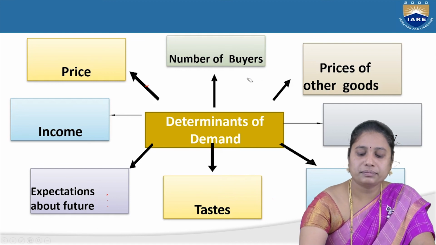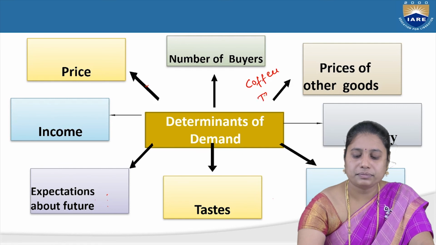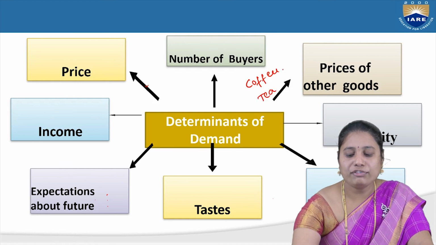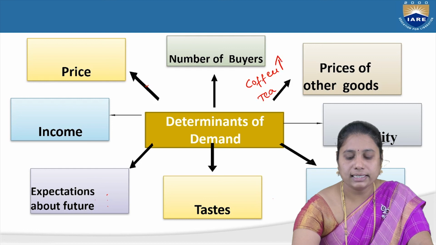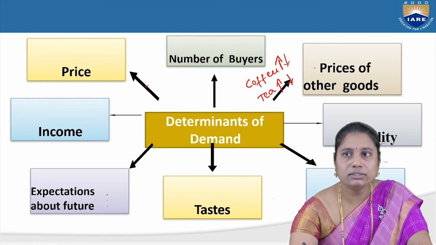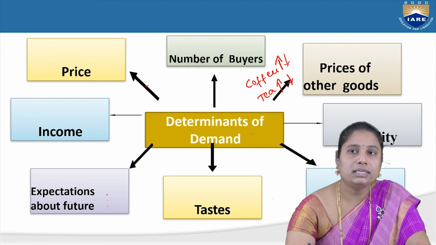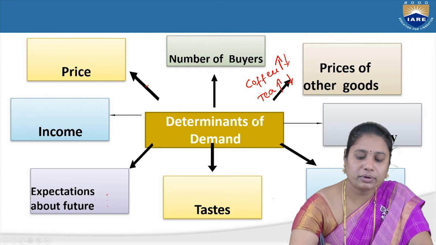Best to take the example of coffee and tea. If the coffee price increases, then there is high demand for tea. If the coffee price decreases, then tea demand will reduce. Because the prices of other goods also have an impact on the determinants of the demand for the product.